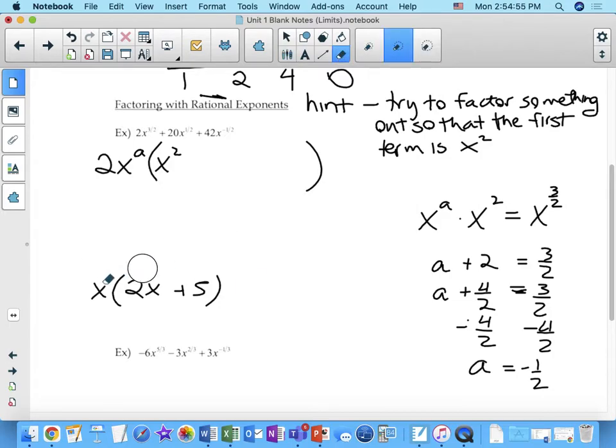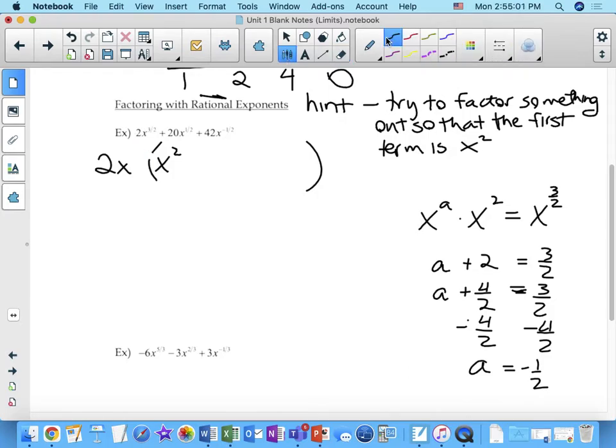I'm just going to erase this and erase that. This has to be negative 1/2. That's what I have to factor out to make this x squared. Does that make sense? Okay.